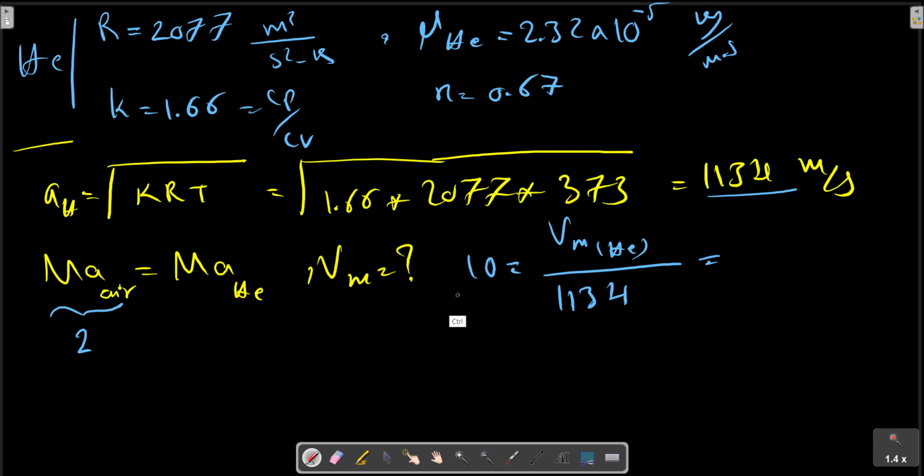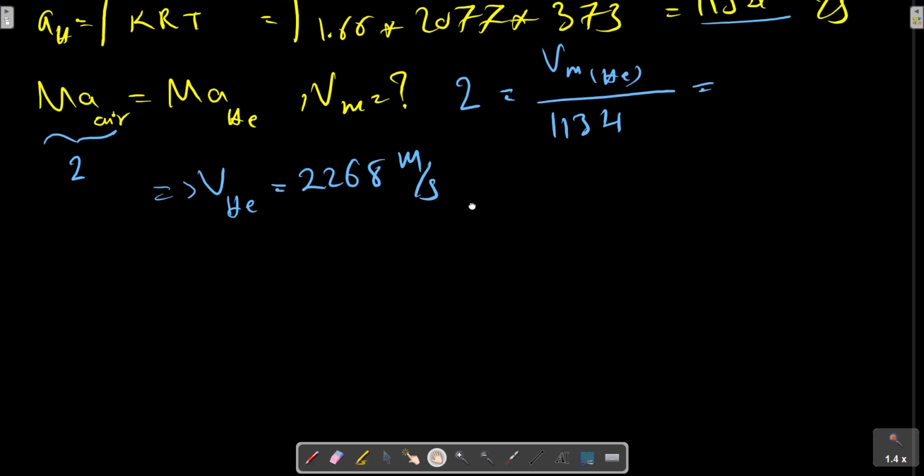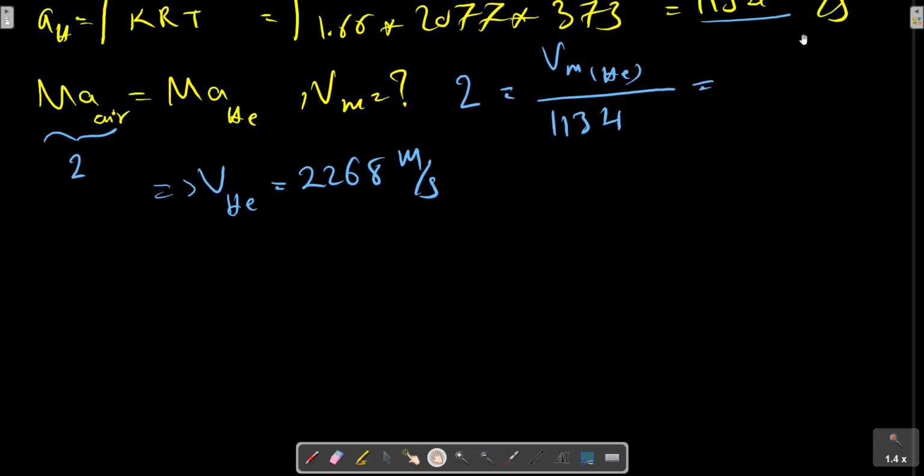With the equality, we can obtain the velocity of the helium as the model fluid, in meters on second for a 1/8 model in the relation for equality of Mach number.